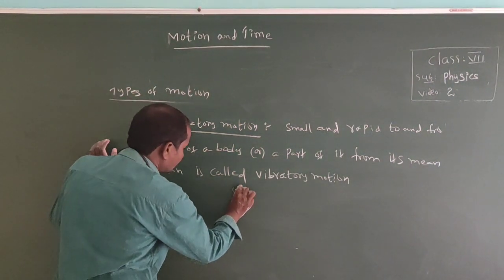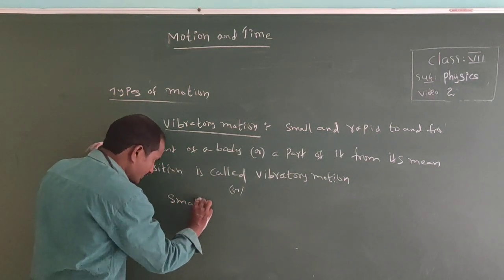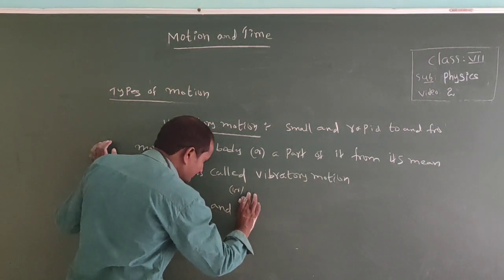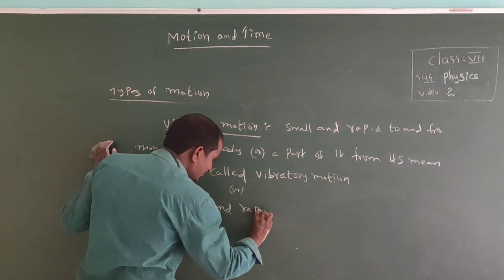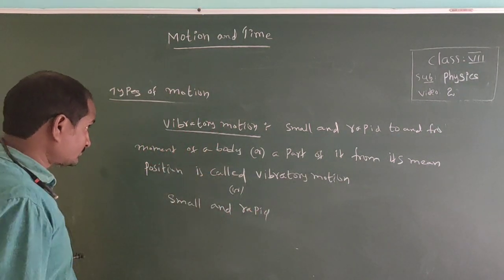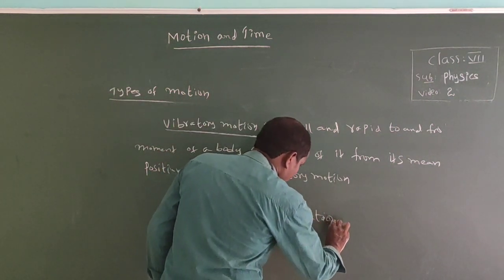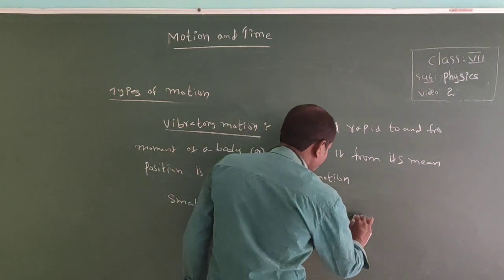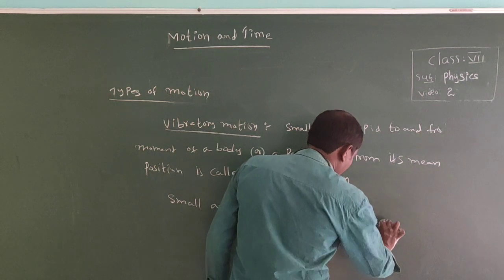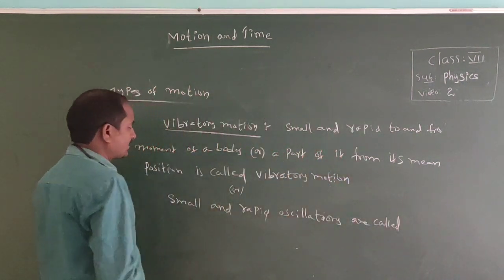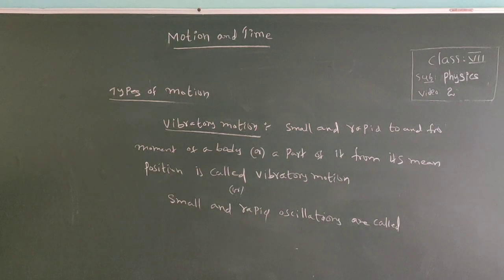Example: the string of a guitar vibrates. The string of a guitar is also a vibratory motion.